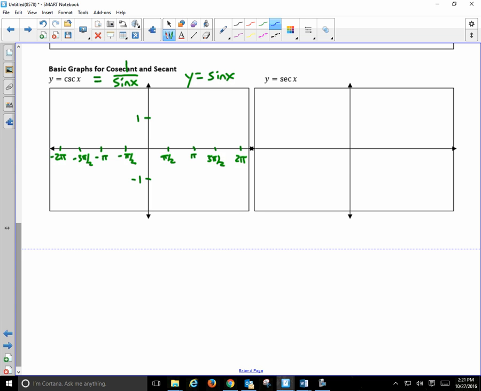Any questions how I got that far? Where does sine start, the max, min, or middle? Is it going to start by going up or down? Up.